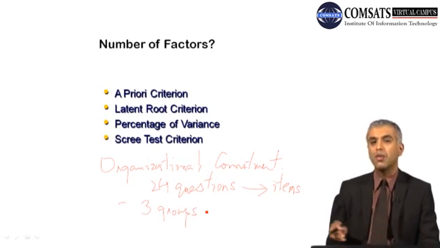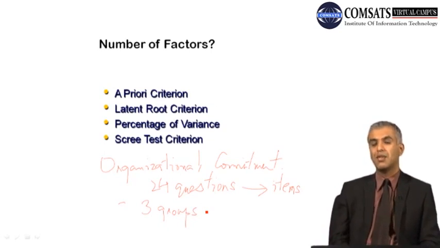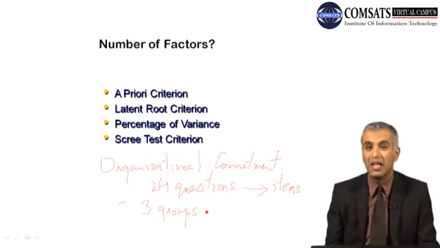In order to test that in factor analysis, we can give a specific number in SPSS, saying, okay, you can only derive three factors from this data set which we are giving, related to these 24 questions.